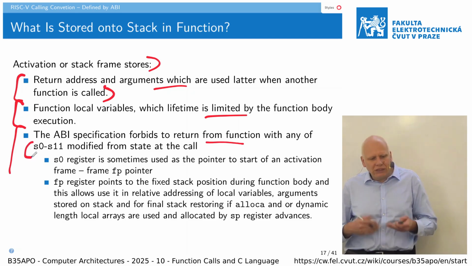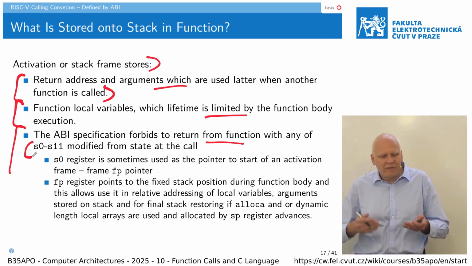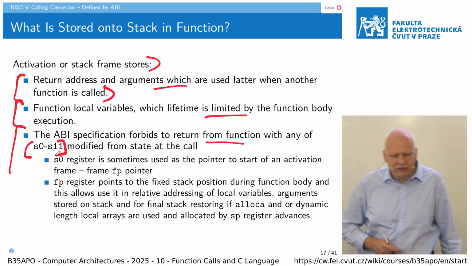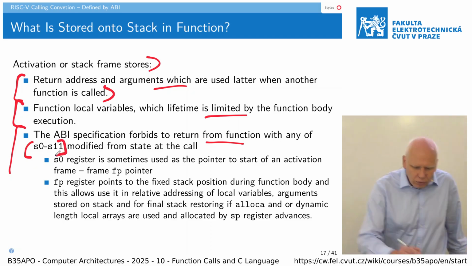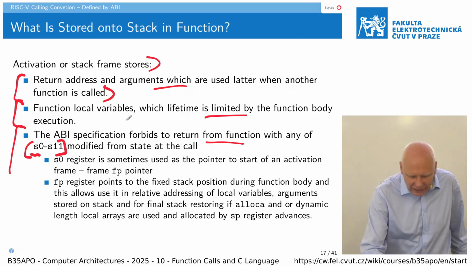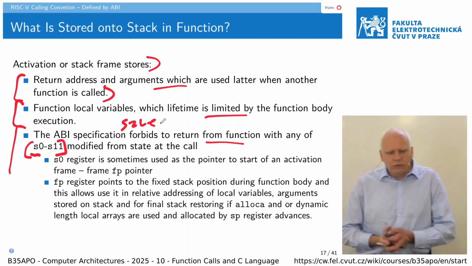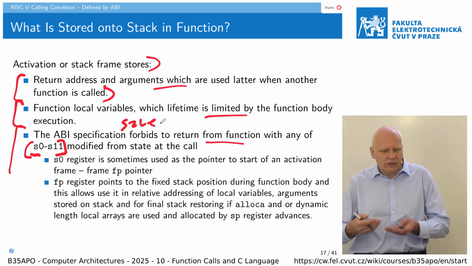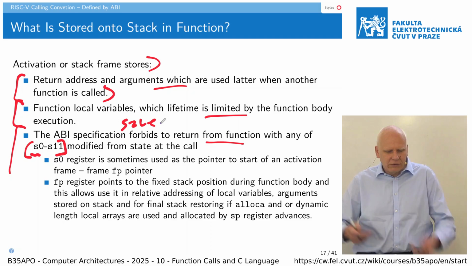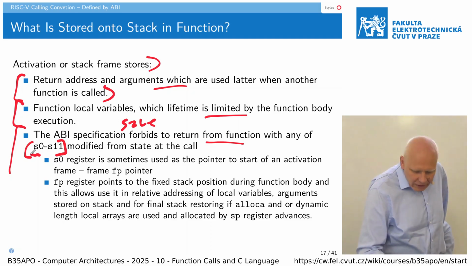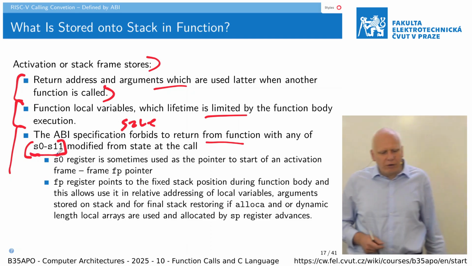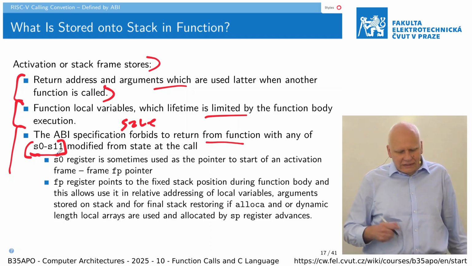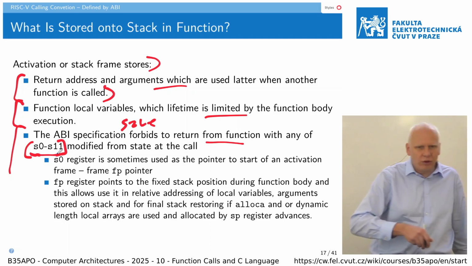So basically you need to ensure that when the function returns, the values in the registers denoted by S, which means saved, have been restored to the original state in which they were found when the function was called. So if you want to use some of those registers in your code, it is necessary to first save them on the stack.